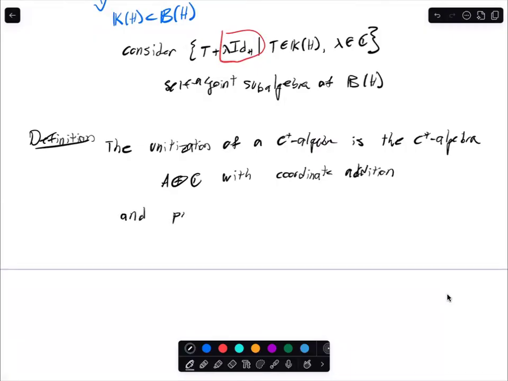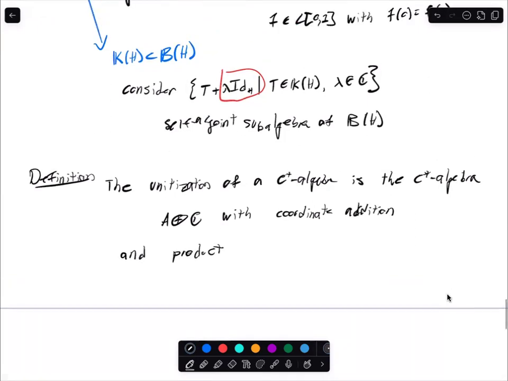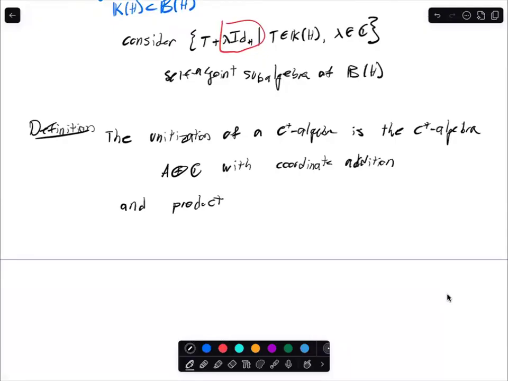and product, which is a little bit unconventional, but thinking in the view of these models that we had above, you can take A with lambda and multiply it against B with mu. You treat these things as binomials, and what you'd do with a binomial is FOIL it out, multiplying term by term.